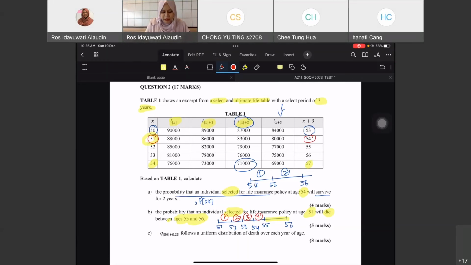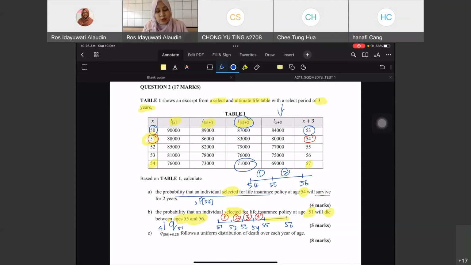So you know that the notation must be, for this case, Q, because we are interested in the death probability, but he has to live. He has to survive for the first 4 years. So the current age is 51, and he will live for the first 4 years.